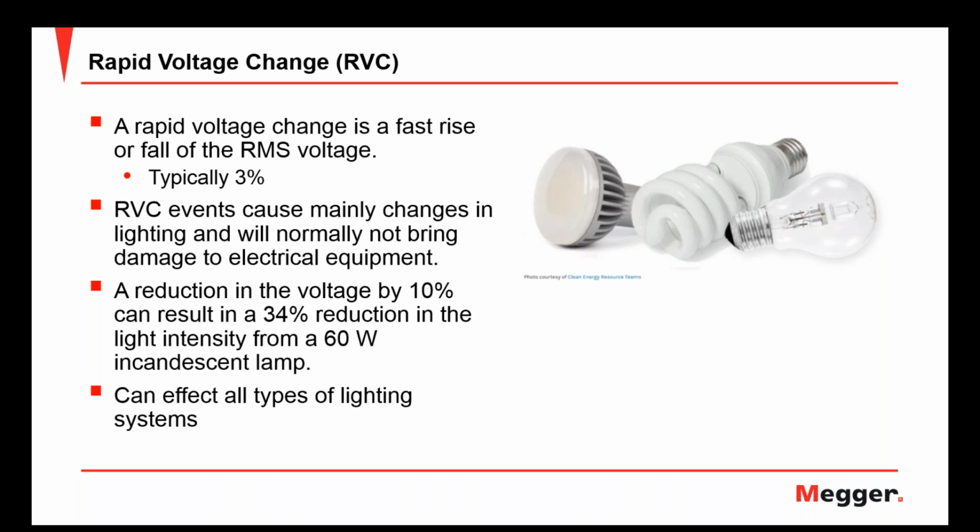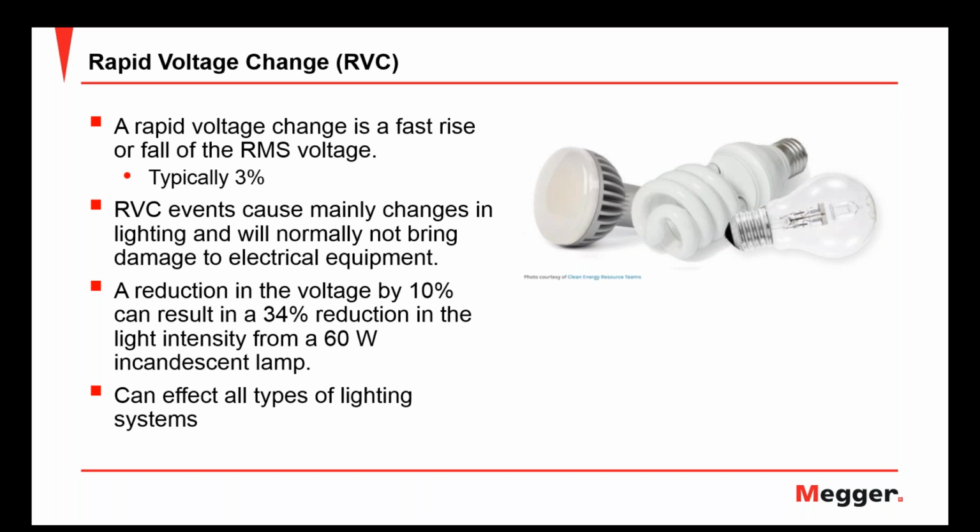Now, rapid voltage changes are RVC. This does affect all types of lighting. Rapid voltage changes are fast rises and falls in the RMS voltage, and they're typically over 3%, but under 10%. The biggest issue it will cause is, again, changing light levels. You'll see this very clearly in incandescent.